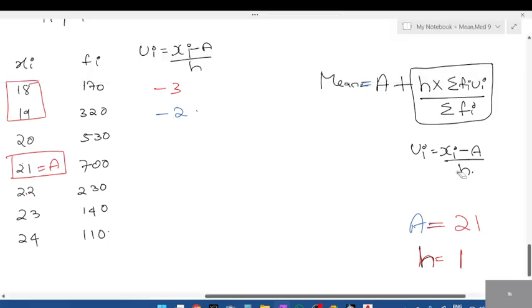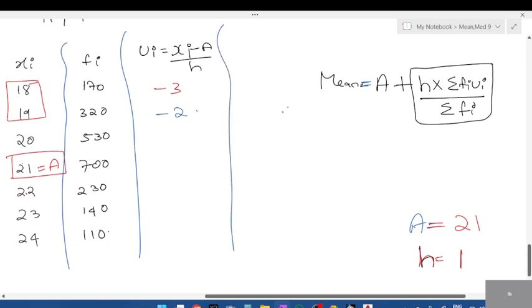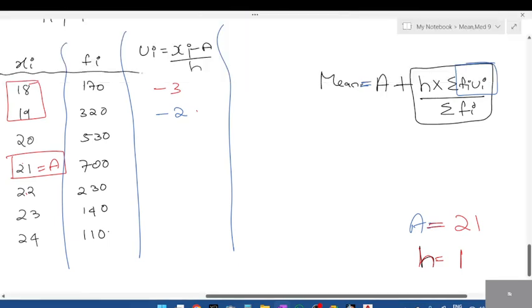We found the value of A. We found the value of H. Then what else is required? Respond. Summation of Fi we have. What else is required? What do you mean by Fi Ui? How do you calculate Fi Ui? Tell me, how do you get the value Fi Ui?